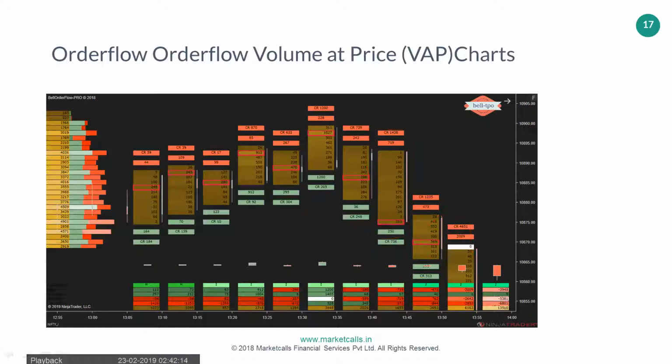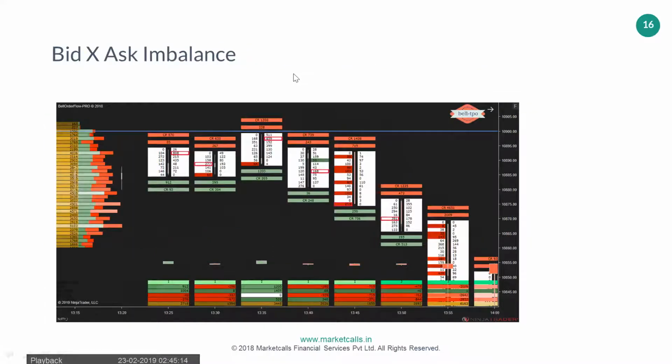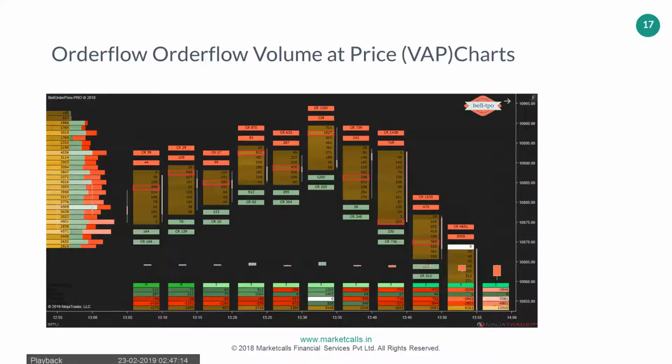Ideally I don't use volume at price much because it's more or less the same representation of bid and ask imbalance. But yes, if you want to see how the breakout is happening, if you want to measure a certain set of breakouts, how the volume behavior is happening over there. Let's say price is touching the upper Bollinger Band, and you want to measure whether responsive activity is happening over there so that you can initiate trades there.